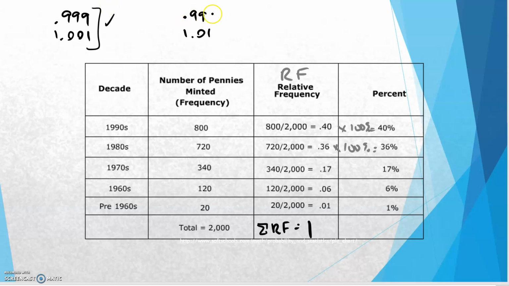But if I get a 0.99 or a 1.01, there's something wrong with my calculations. The reason you wouldn't get 1 every single time is that if you get a decimal, you have to cut off the numbers somewhere, so you get a little bit of round off error. This is the acceptable limit of round off error. This right here is too much.